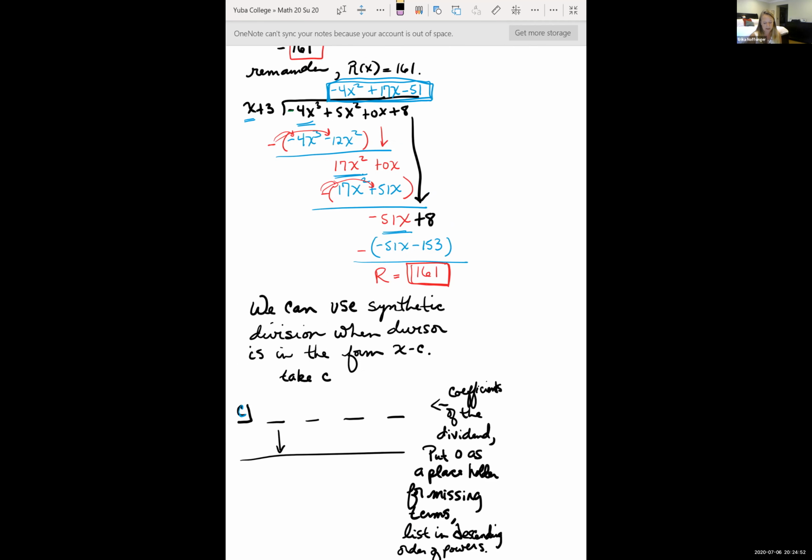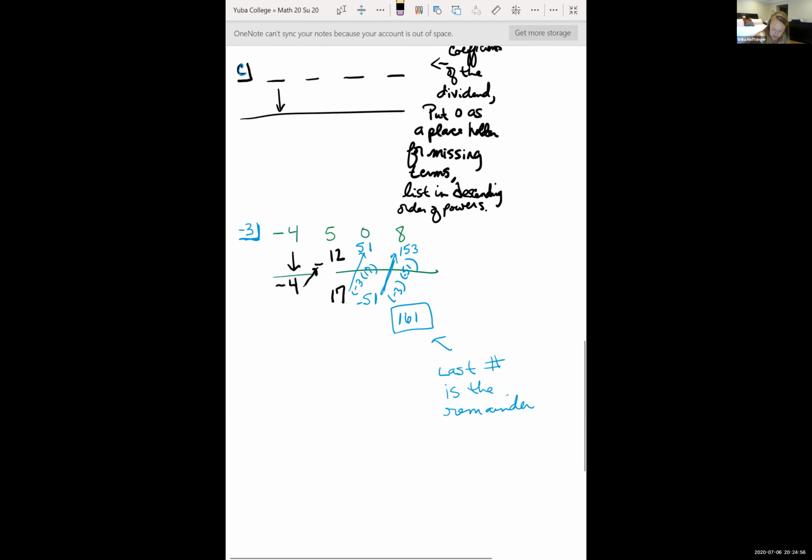So that's always going to be the case. Last number is the remainder. All the other numbers before the last number are going to be the coefficients of your quotient. You always start one degree less than what our original polynomial is. So this is our quotient, or rather, the coefficients.